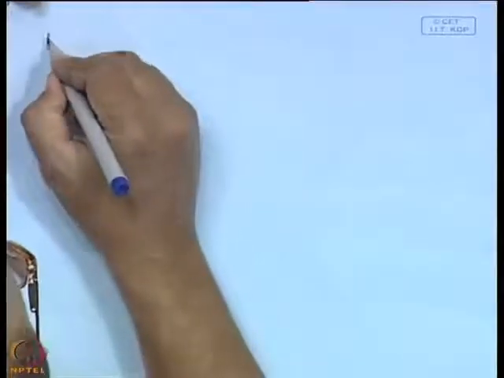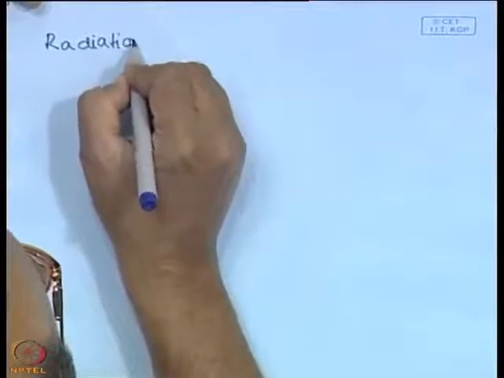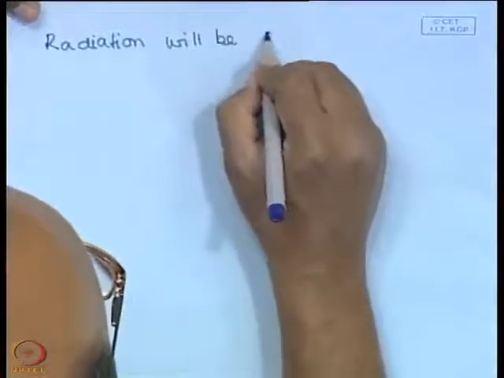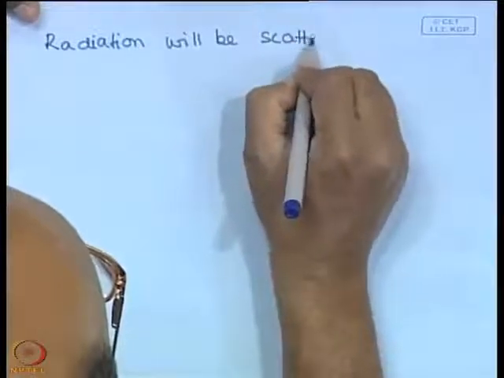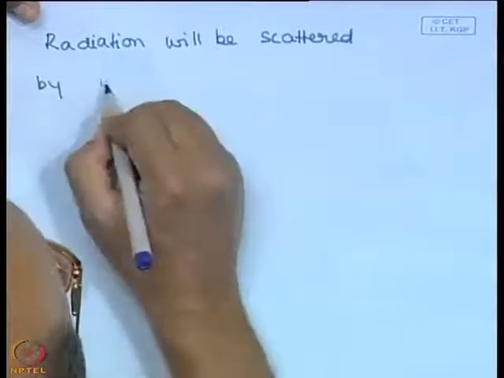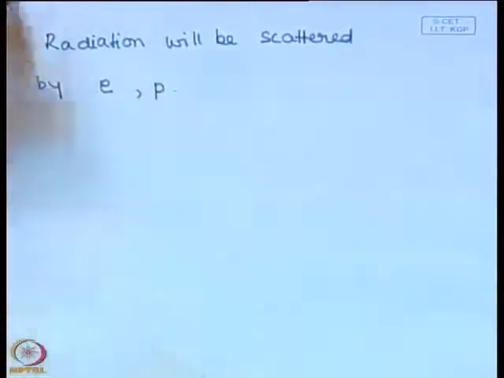Okay. So, we will have both elastic. So, the radiation will be scattered by the electrons and by the protons, right, by the ions both.